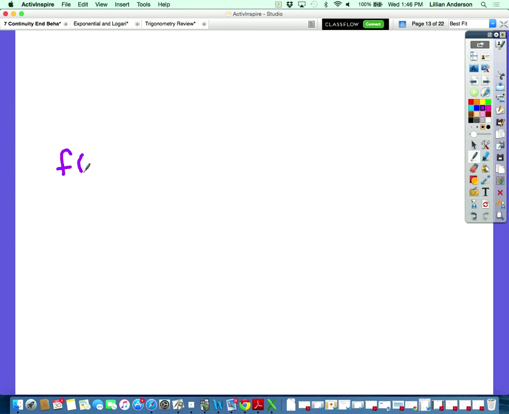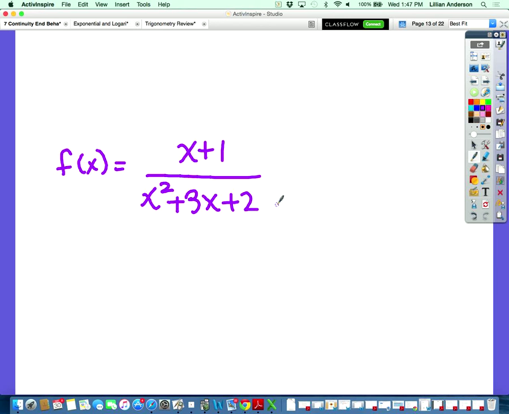And the last one, 4. What was it? X equals. What type of function? So you definitely want to make sure to check. What do you see here? Factor.